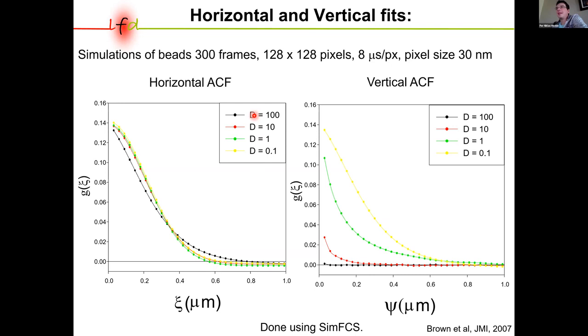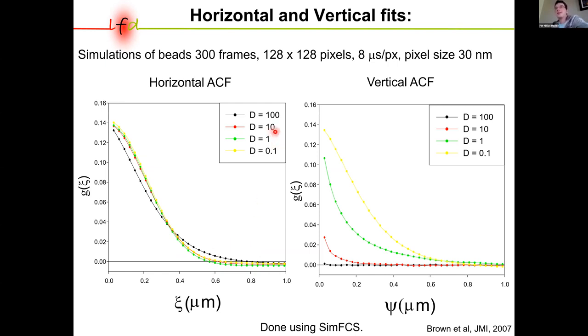So the black one is 100 micrometers square per second. And for the pixel to pixel correlation, you see you have this initially faster decay, but then you have the further extension of the tail. Again, this is because molecules are now able to move and you're likely to find them at a larger distance.